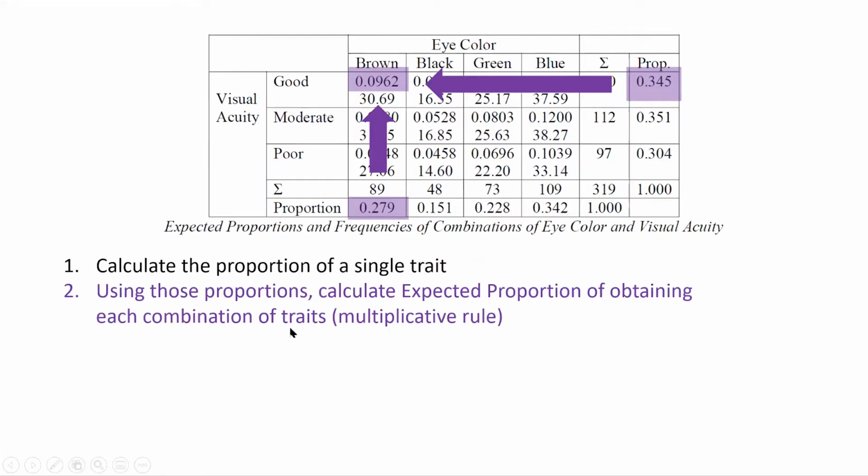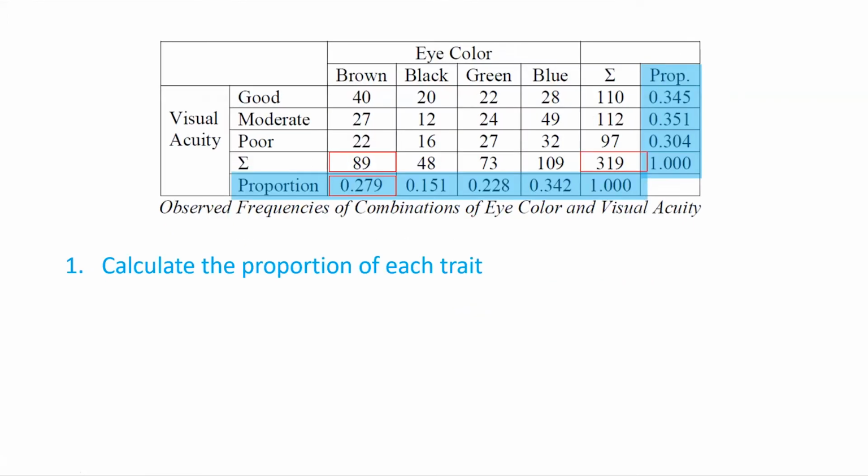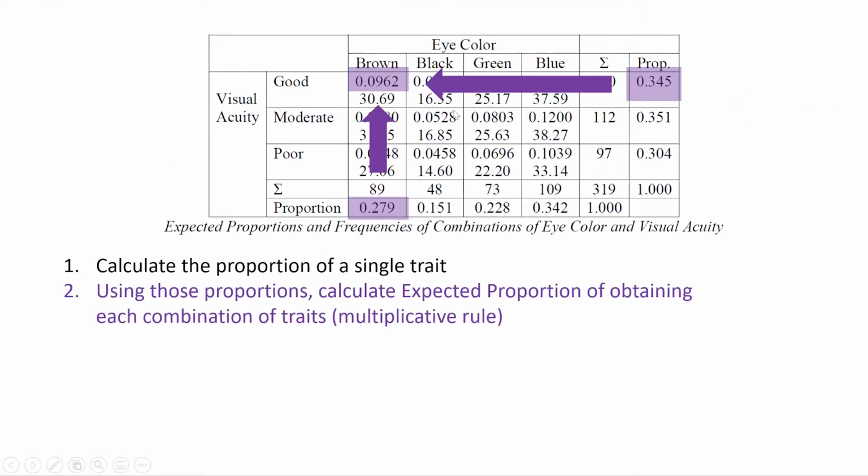We then use those proportions to calculate the expected proportion of obtaining each combination of traits. This is using the multiplicative rule of probability. Actually, this whole method should look very, very familiar from when we were doing probability and filling in these tables. The table is larger, but the way that it works is the same. So I know this one looks a little bit messy.